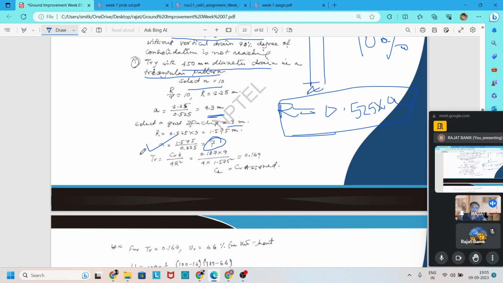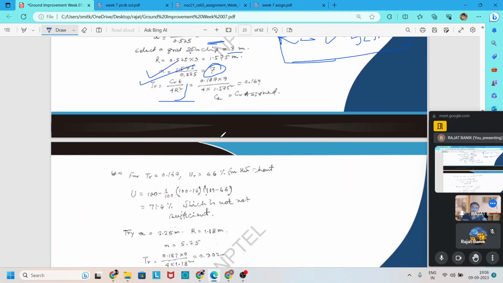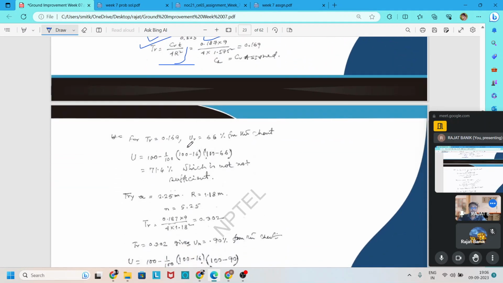And then we calculate the time factor in the radial direction by this formula, that is Cv into t divided by 4R squared, and we come to that the time factor is equal to 0.169. After all these parameters, we can find out the degree of consolidation in the radial direction by Barron charts, and it comes that the radial degree of consolidation is equal to 66% from this chart, and we apply the combined consolidation formula.